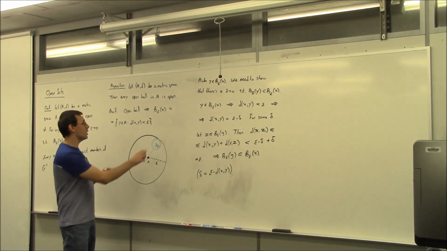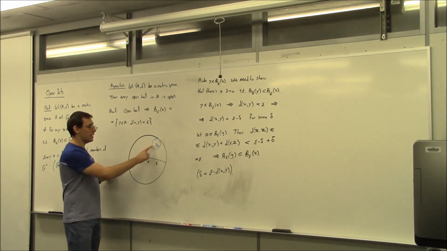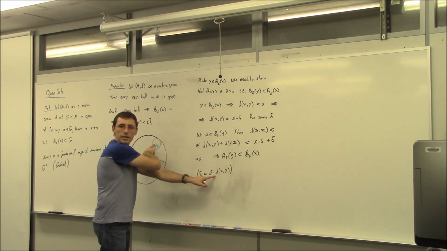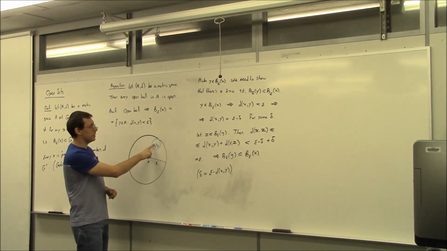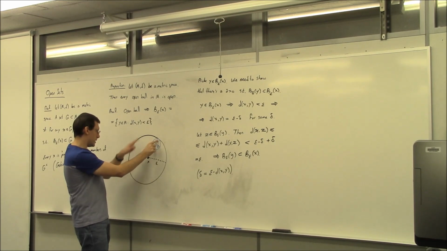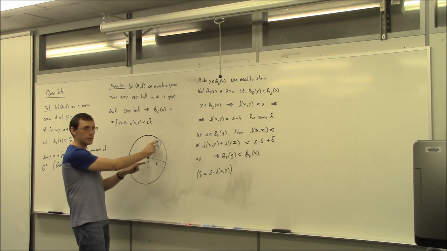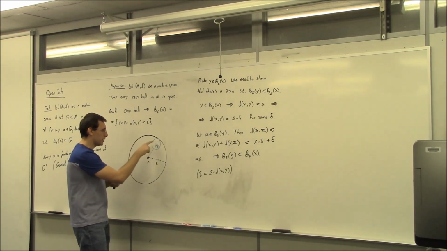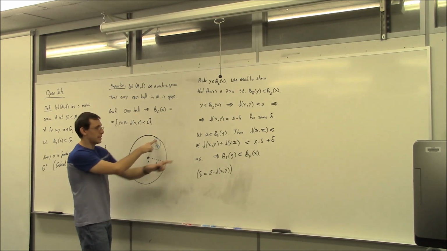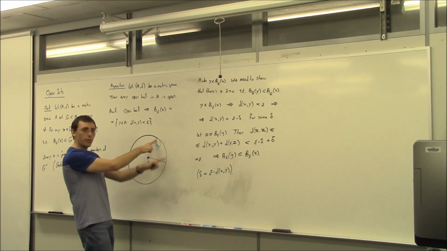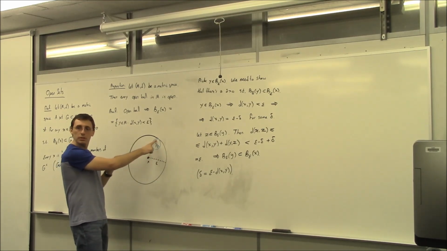What did I actually do? I said y belongs to the ball of radius epsilon around x, and then I decided I pick delta to be this magnitude. If I pick delta to be this magnitude, then I show that this ball is a subset of the ball of radius epsilon around x. How do I do it? Any point in this blue ball by triangle inequality will also be a point in this black ball.